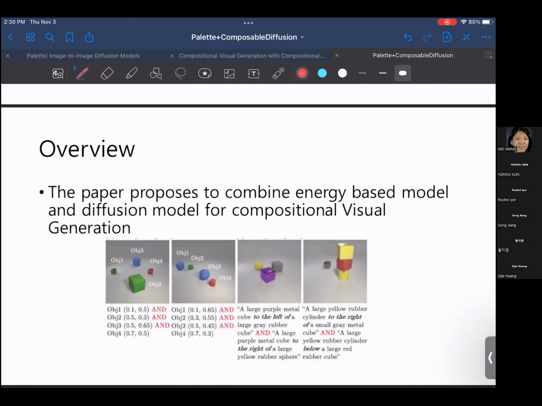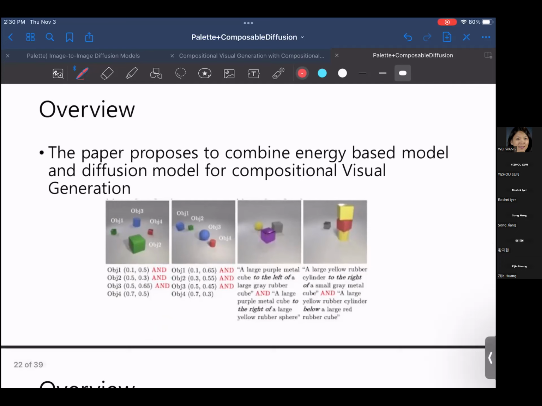But with this model, you can see that even though the sentence is very long, they can actually recognize these texts and use these different composed texts as conditions for the generation model.